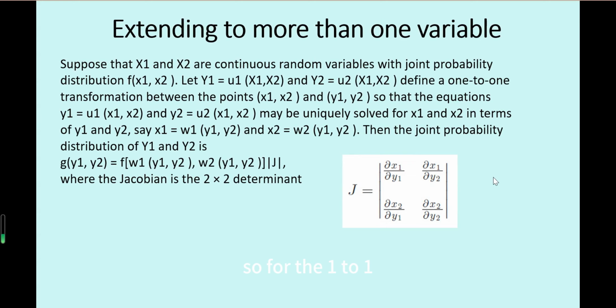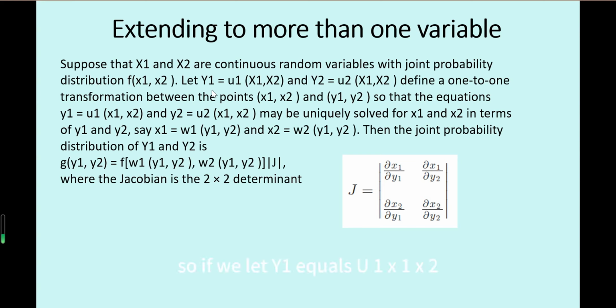For the one-to-one transformation, we can also extend to the case of more than one variable. Suppose that X1 and X2 are two continuous random variables with joint probability distribution f(x1, x2).